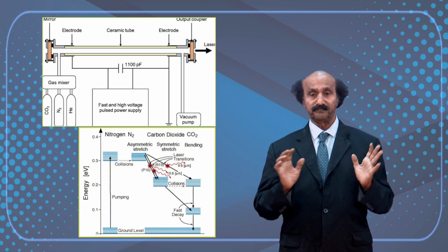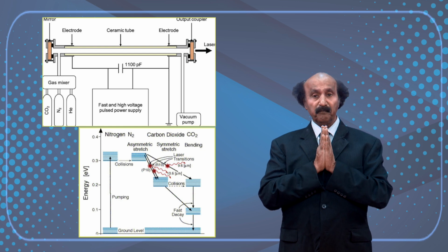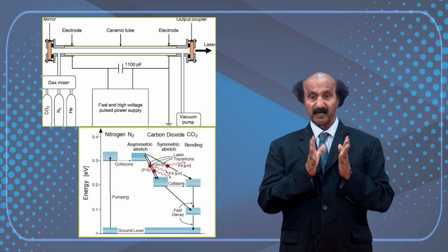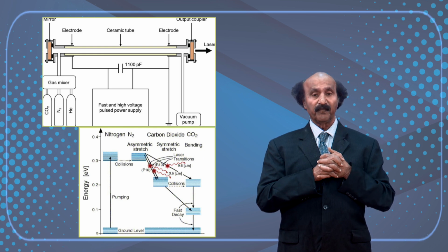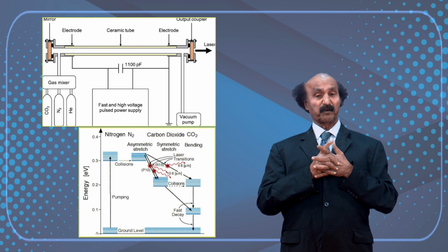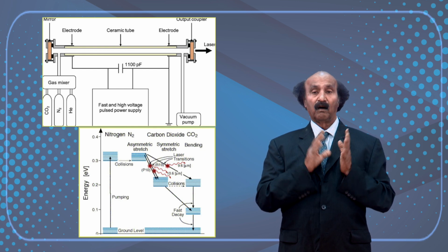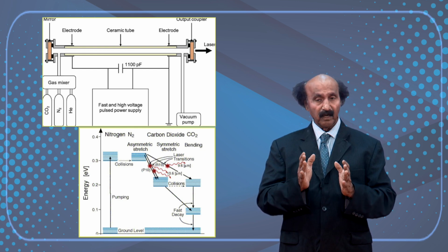So, let us sum up. You need a discharge tube of typical diameter 10 millimeter, the pressure would be about 3 torr, all these are given here. Then you have the gas mixture: nitrogen 1 unit, CO2 1 unit, helium 3 units.